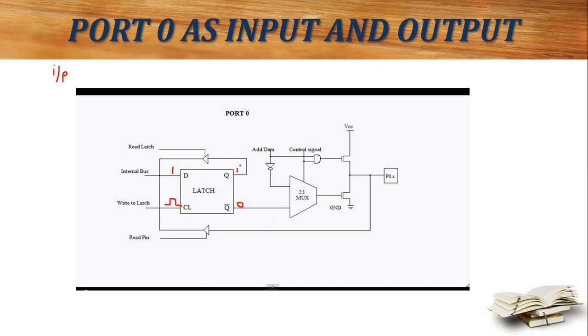Now it is acting as an input pin, so the control signal will be 0. When it is acting as an input port, the mux gets its output from Q bar. When the control signal is in address or data mode, the mux gets its output from the NOT gate.